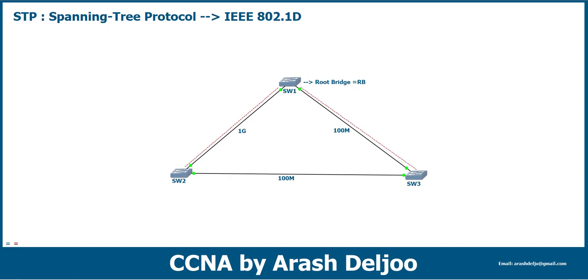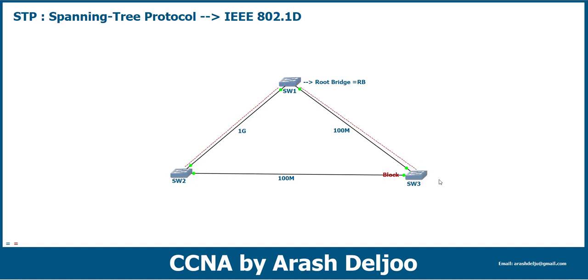Actually now we have the spanning tree. This is our spanning tree, and after that we need to block one of the interfaces in the other links. Here this is the redundant link because we didn't pass through this link. Because of that we can block one of the interfaces of this link, and now we have the spanning tree.